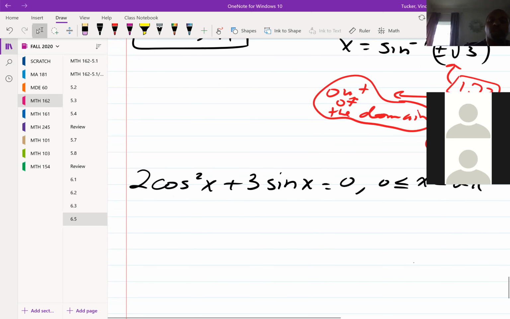One way we can look to deal with this problem is by changing cosine to sine.